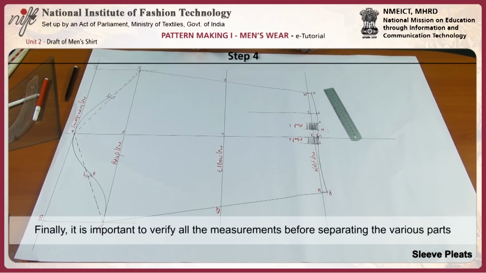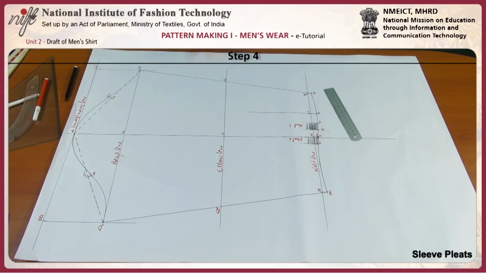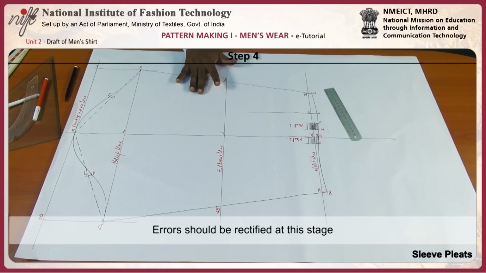After completion of this bodice and sleeve draft, you should examine the draft again to verify all the measurements, like curved lines and the straight lines, to check whether they meet the required shape and measurements specified in the specification sheet before separating the various parts.